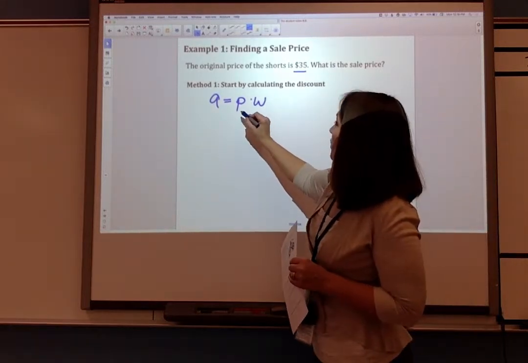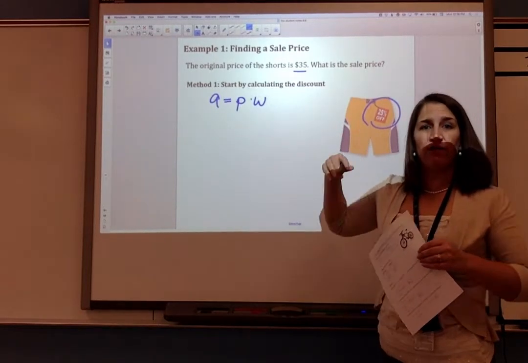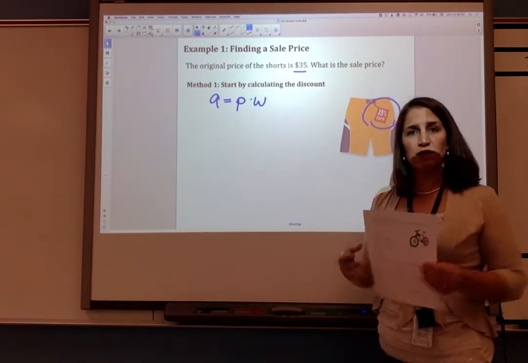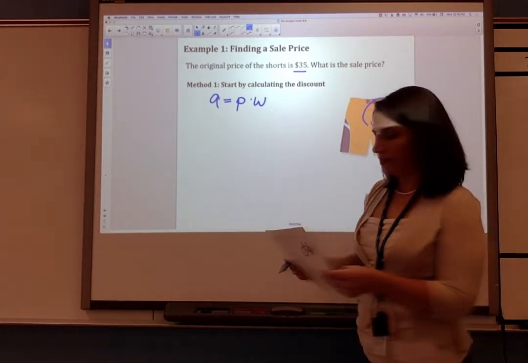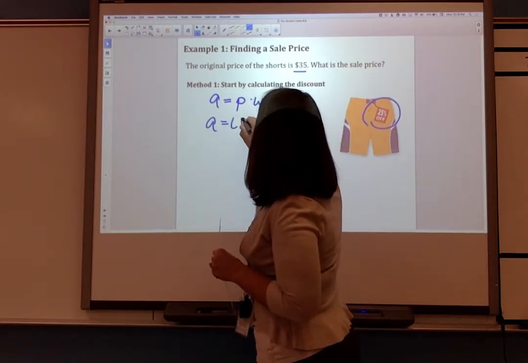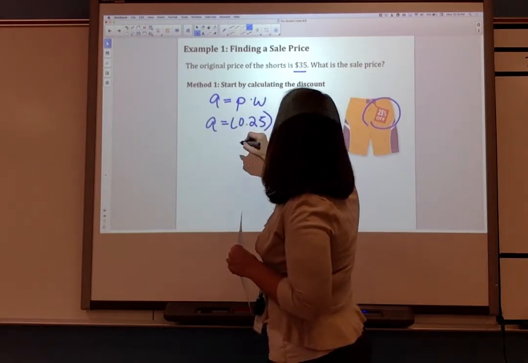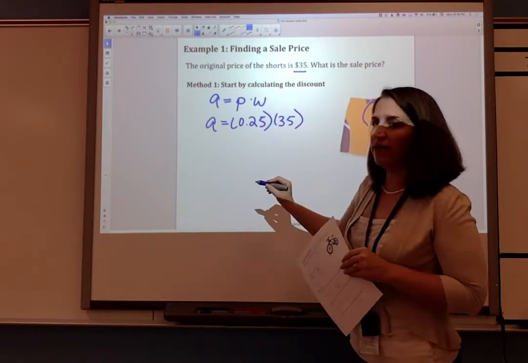So we want to figure out what is 25% of 35. That's how much the discount is, and then we'll have to subtract that from the original price to figure out how much we pay. So we're looking for A. We know the percent is 0.25, and we know that the whole is 35.